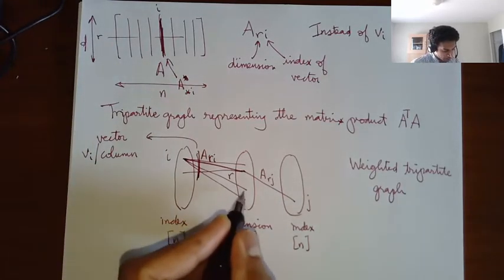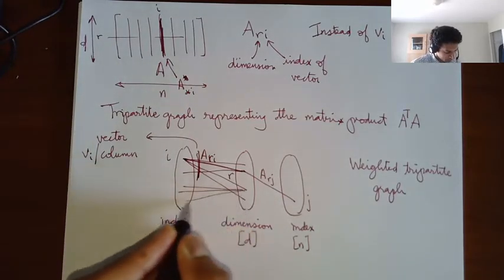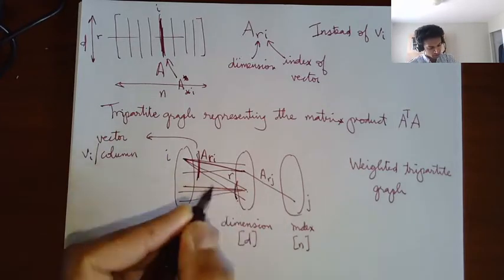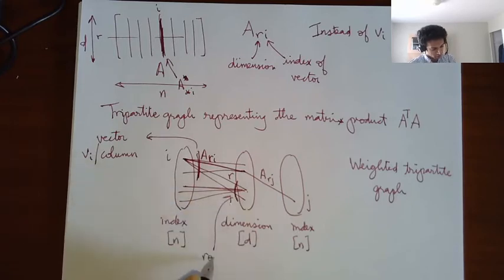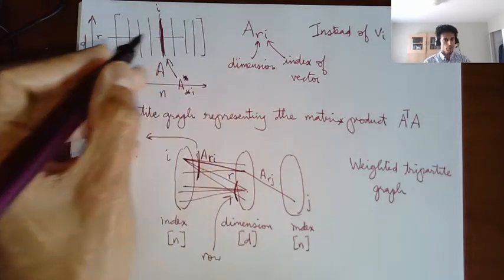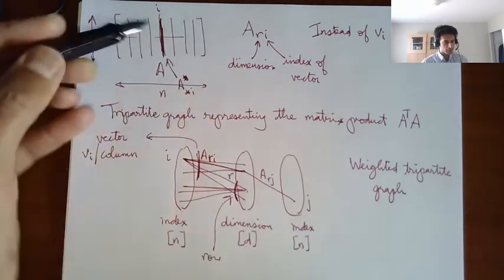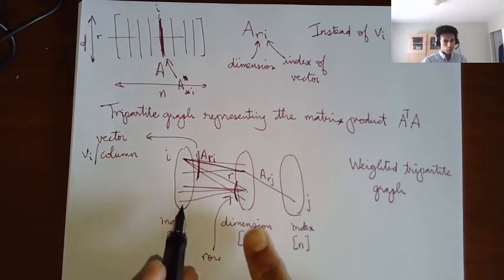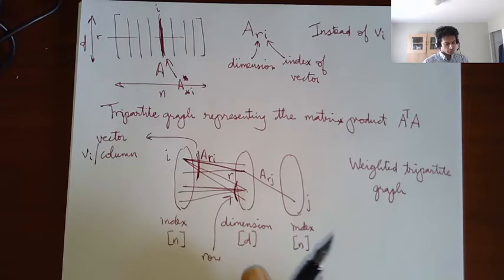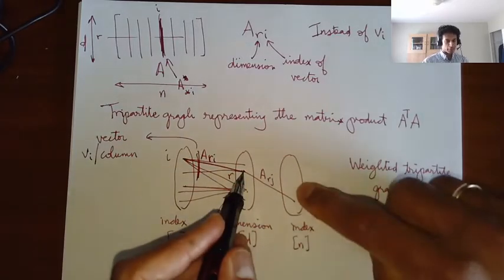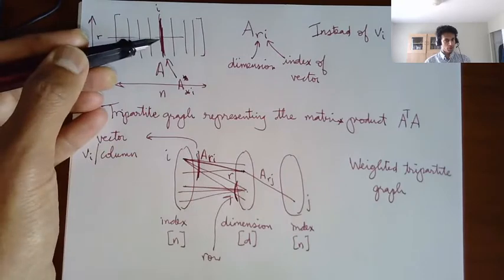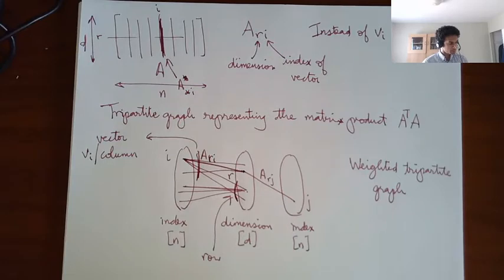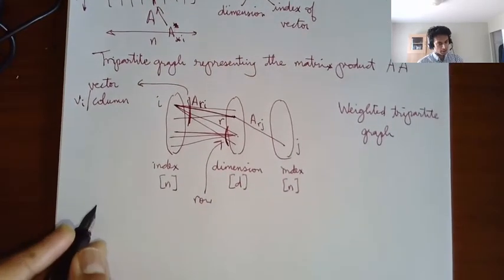On the other hand, if you fix a dimension and look at all the indices, this is a row vector. This is an n-dimensional vector, and that is a d-dimensional vector. I'm just duplicating this picture on the other side: for every dimension and every index, the weight is the corresponding entry. Does that make sense? Yeah, thank you.